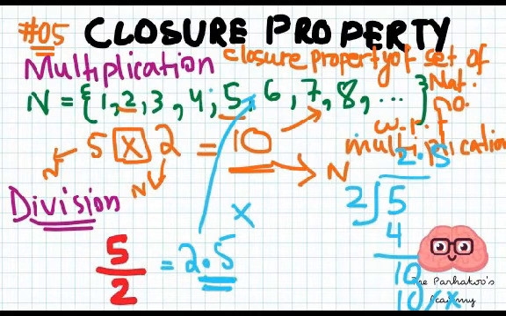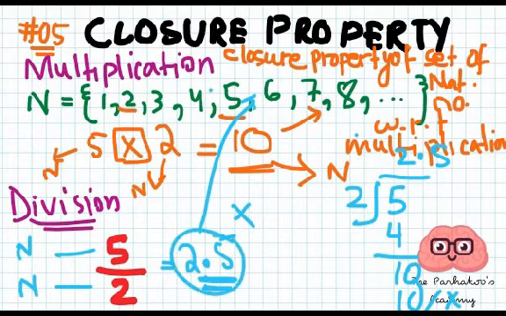They are never in decimal form. So it is not a closure property. If I divide two natural numbers, I end up getting a decimal number, which is not a natural number. So division does not obey the closure property, or the closure property is not valid for division.